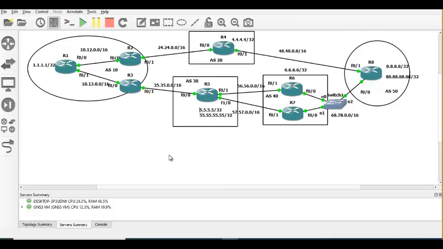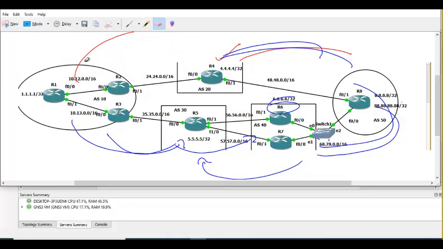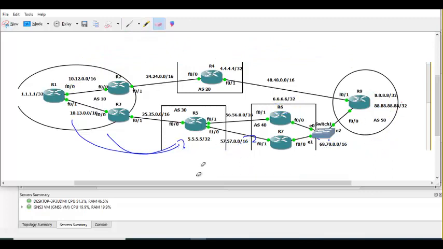By setting weight, if I direct all the traffic in this direction, all, including 4.4.4.4, will router 1 take this below path to reach 4.4.4.4 or not?